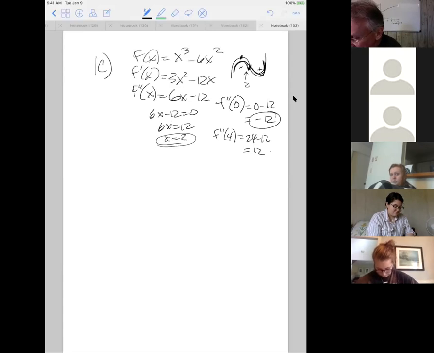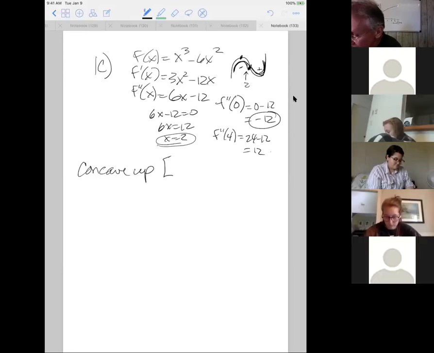So the circumstance is that we've got concave up, which is what I put first, concave up interval. And look, I used brackets again. These are all open intervals, open throughout.